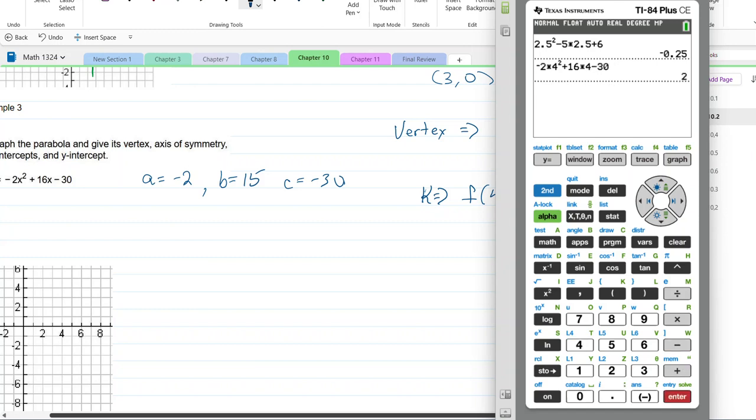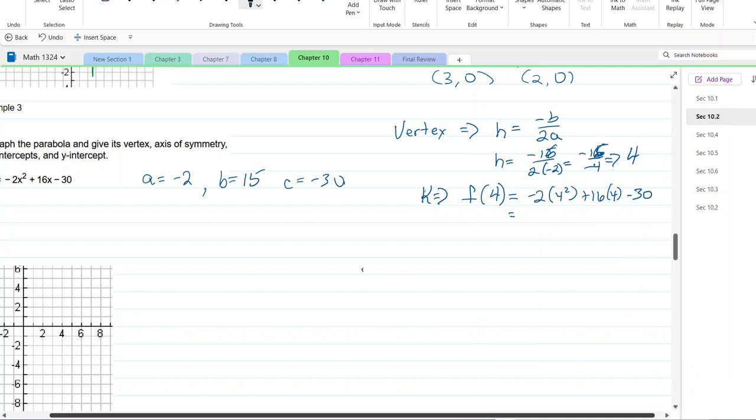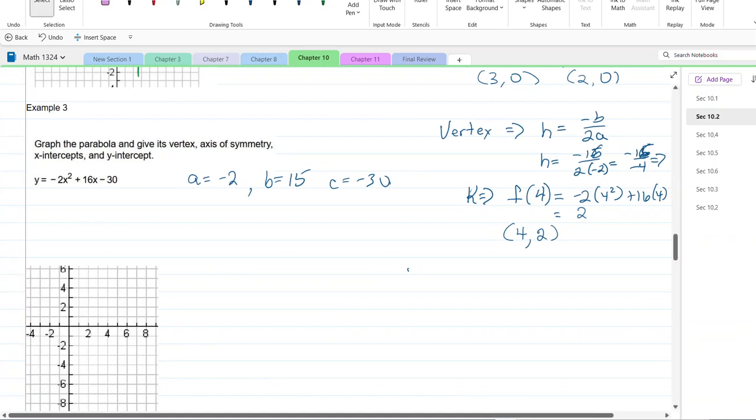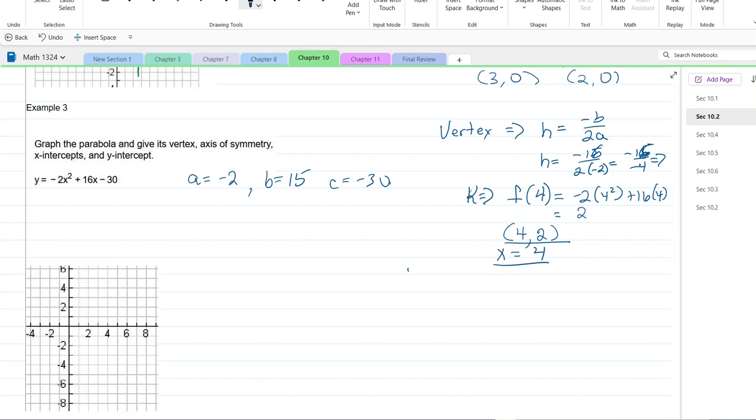And I get a 2. So my vertex is 4 positive and 2. All right. Okay. So that gave us that. My axis of symmetry is x equals 4. So those are the answers that you would put in your homework.